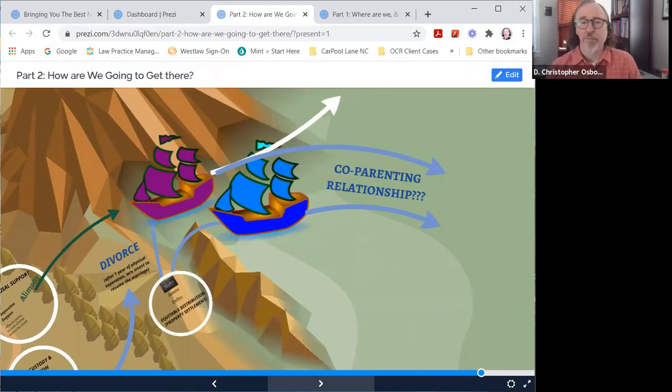The other thing I'll say briefly is I recommend collaborative, especially if there are kids involved. If there is going to be a future co-parenting relationship because there are kids involved, then how the parents treat each other and how they get through Separation Island and how they set up for the divorce is the most crucial thing. The method that they choose, the process they choose, will determine or at least set the initial trajectory of the co-parenting relationship.